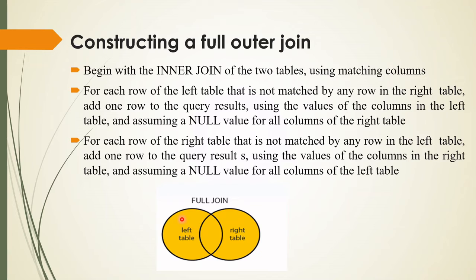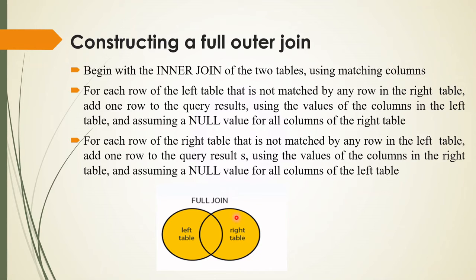So we have two tables, we are comparing this table with this table, and in inner join we write only the rows which match. Now in outer join we are comparing this table with this table and we consider this row also which is not matched with the right table. So the unmatched record will also be in the output.